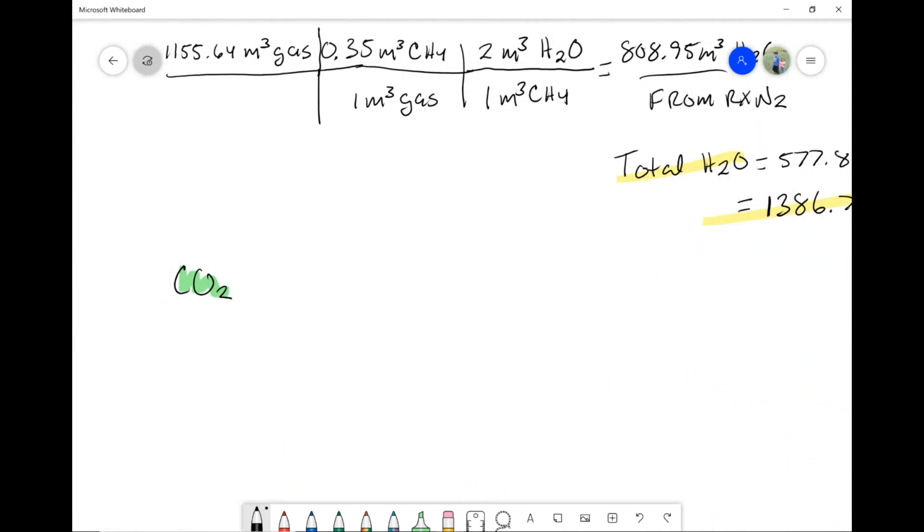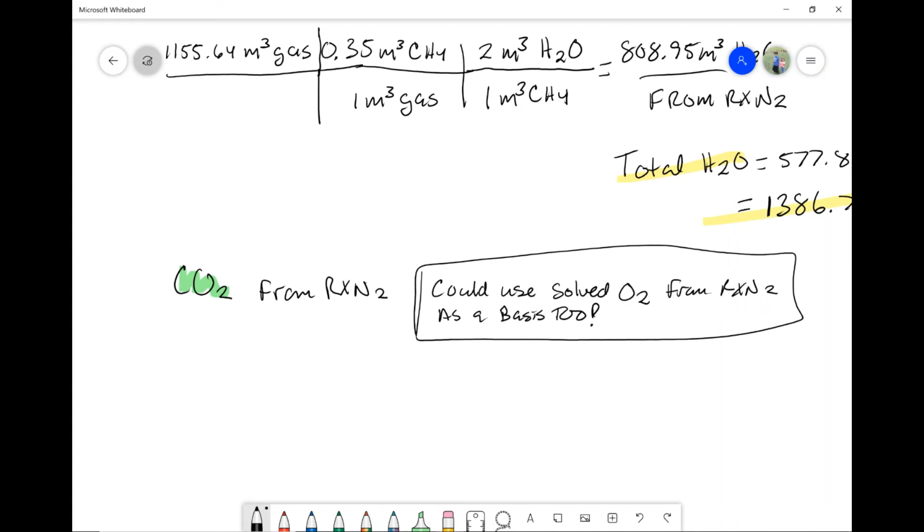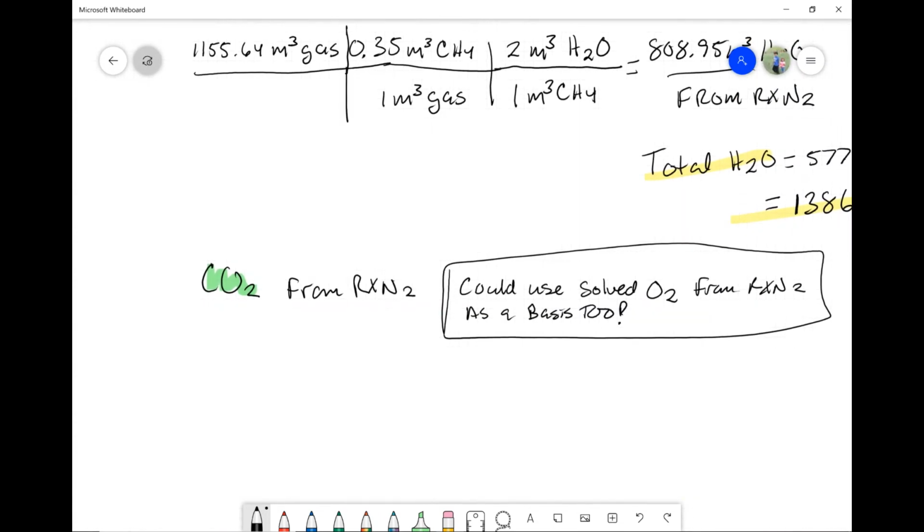We're going to be using the same basis. And again, you could have used the amount of O2 from reaction 2 as a basis as well. So you could use the solved O2. So there's two ways. It's kind of a side note, but I'm going to use the same basis.